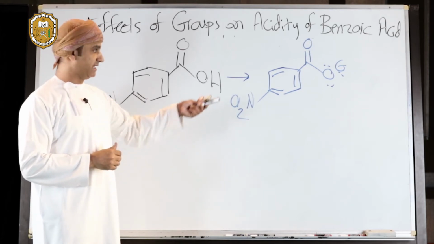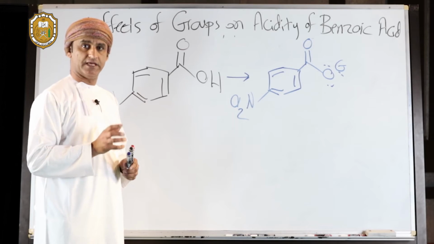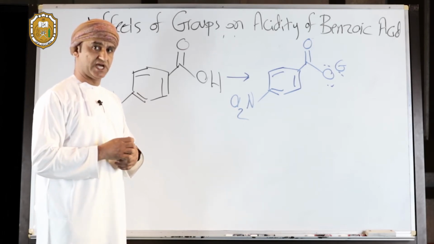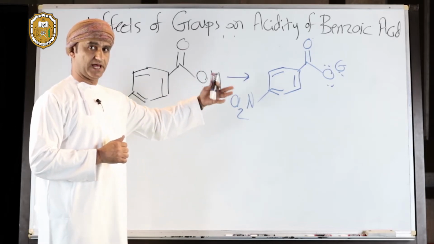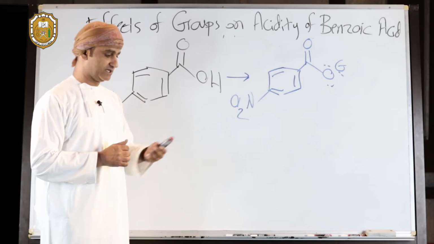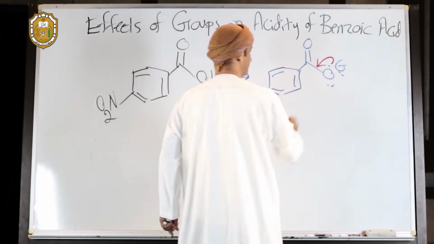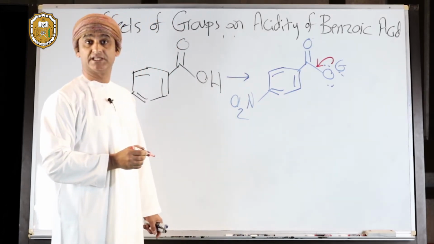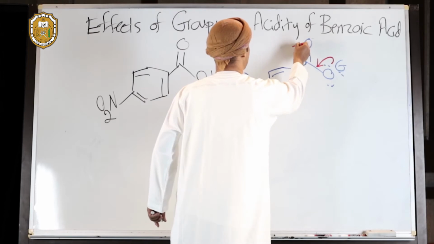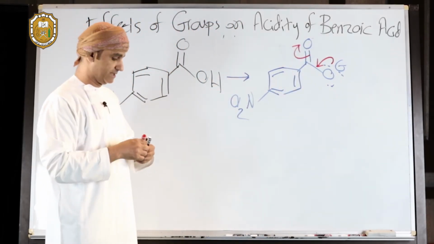We can stabilize this benzoate in exactly the usual manner that we did before for carboxylates in general, by resonance. We can take one of the lone pairs on the negatively charged oxygen, make a double bond between oxygen and carbon, and simultaneously break that carbon-oxygen double bond.